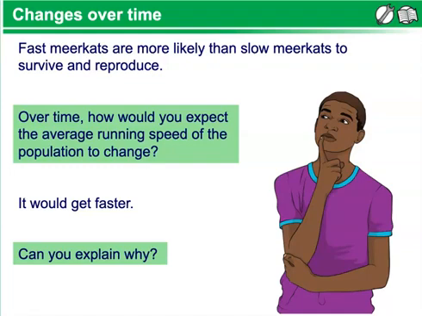In each generation, faster meerkats are more likely to survive and reproduce than slower ones. Over time, this would cause the proportion of faster meerkats to increase and the proportion of slower meerkats to decrease, assuming that running speed is a heritable characteristic.